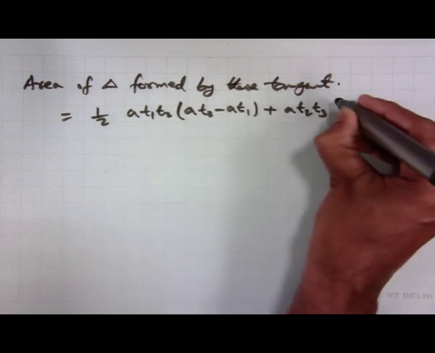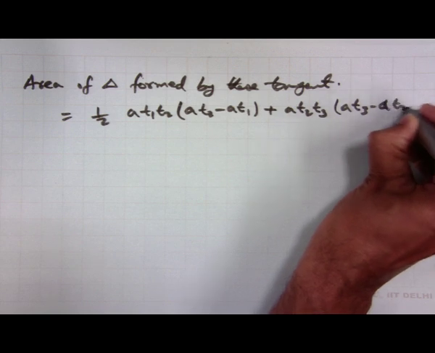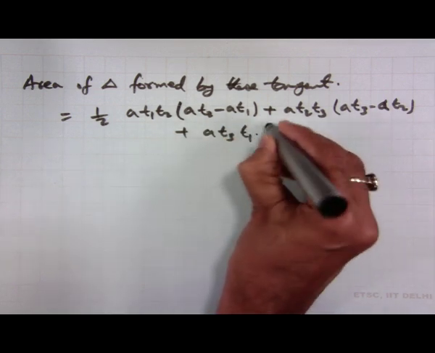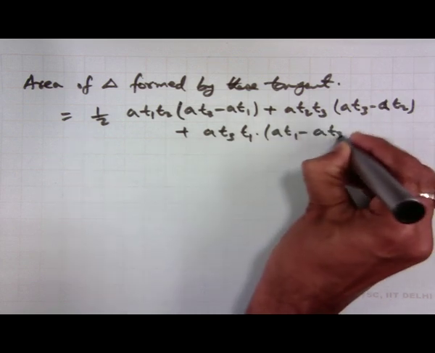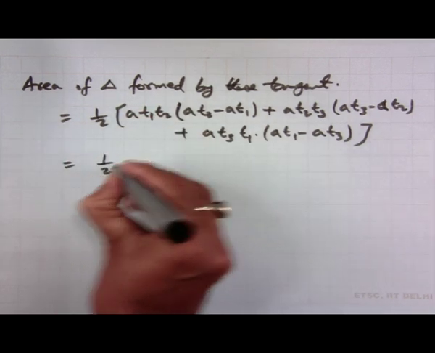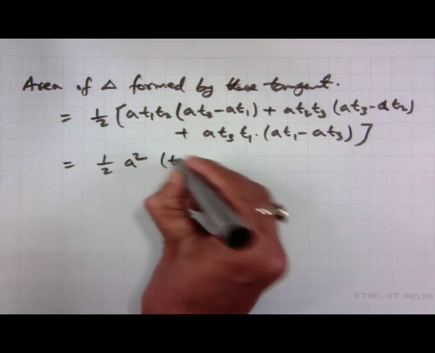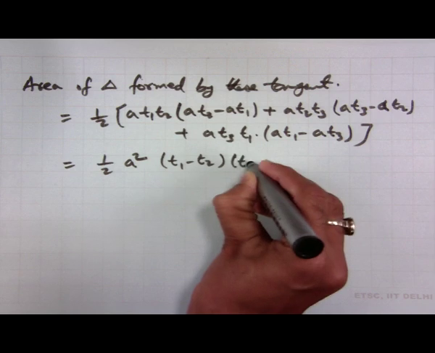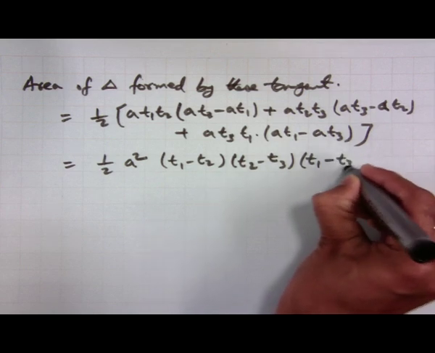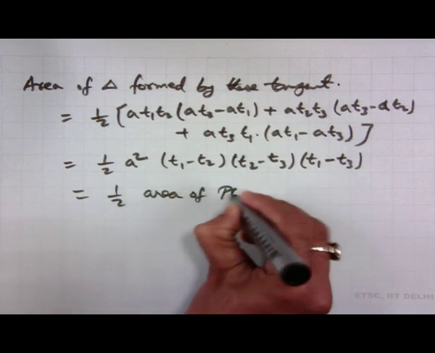The difference in the y coordinate will be a t 3 minus a t 2 plus a t 3 t 1 times a t 1 minus a t 3, which if you simplify, this is equal to half of a square times t 1 minus t 2, t 2 minus t 3 and t 1 minus t 3, which is equal to half of area of PQR.